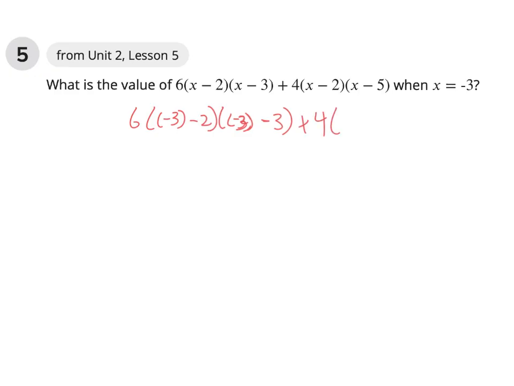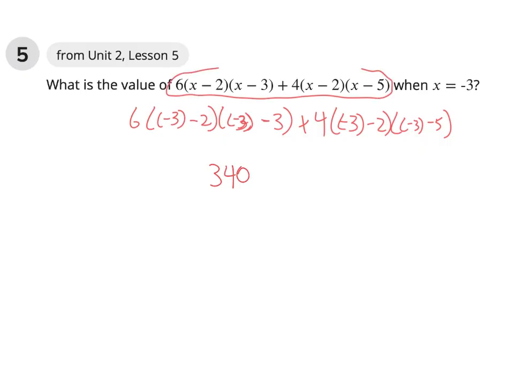Plus 4 times negative 3 minus 2, close it, negative 3 minus 5, or you could put it in the calculator with the x's and then hit second graph and go up to negative 3. You type this in the calculator, you should get 340. If you're having any questions or troubles, put this into y equals, and then hit second graph and scroll up to negative 3, and that's what we should get.